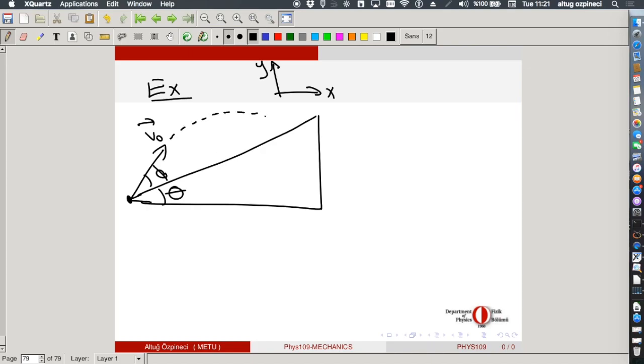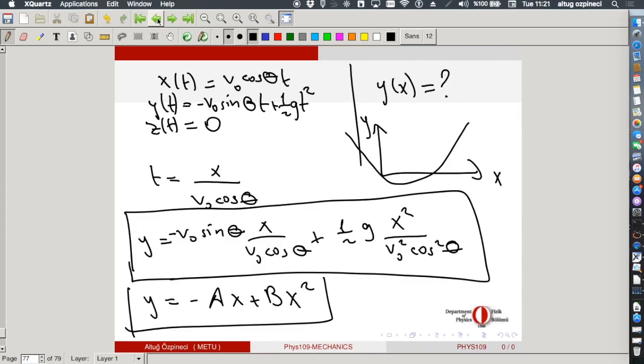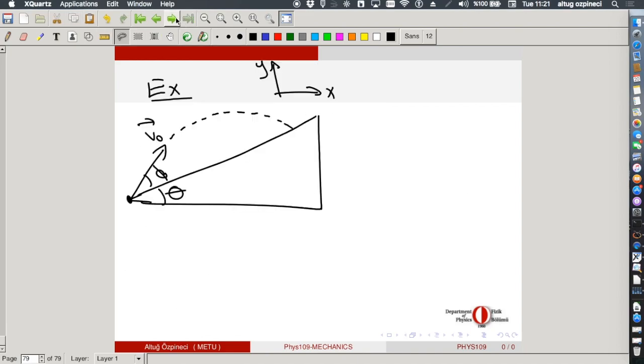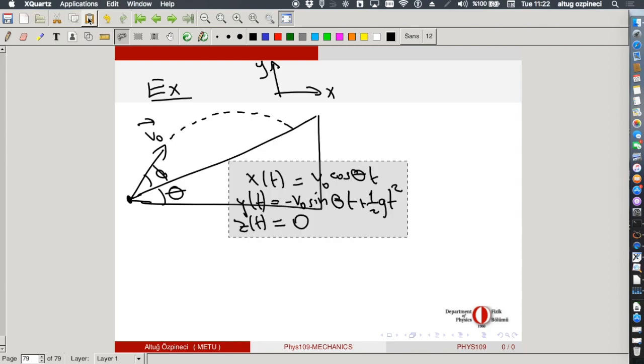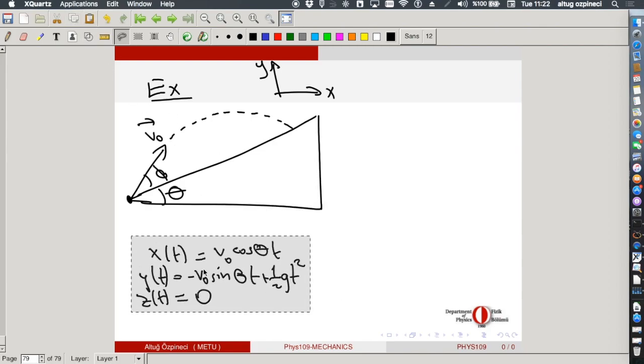You can just repeat what we had done for the ordinary projectile motion, and these expressions are in fact still valid, because we use the same set of coordinates.